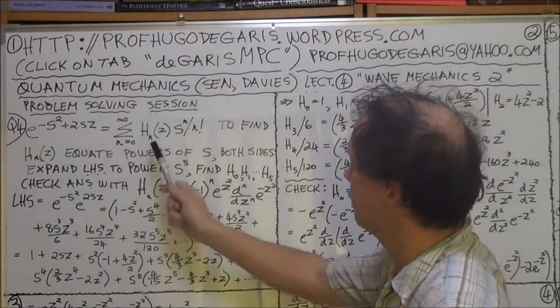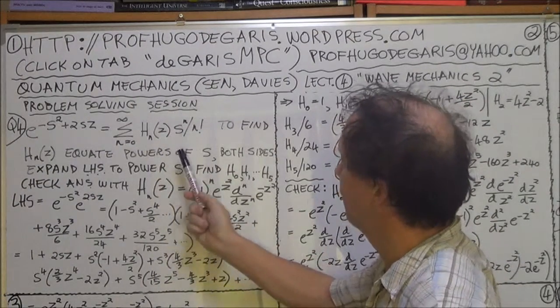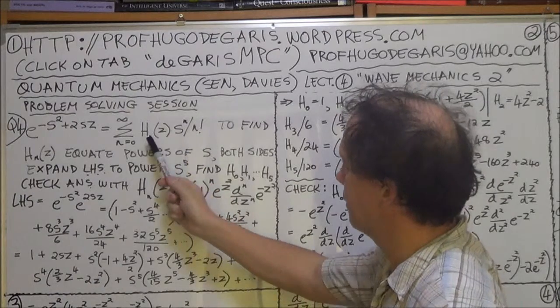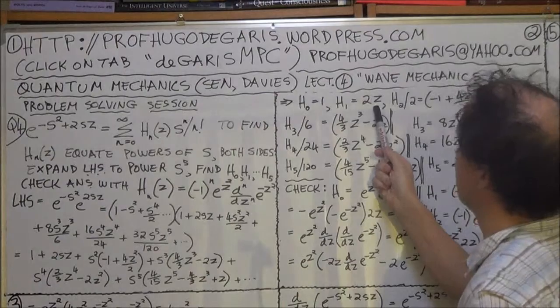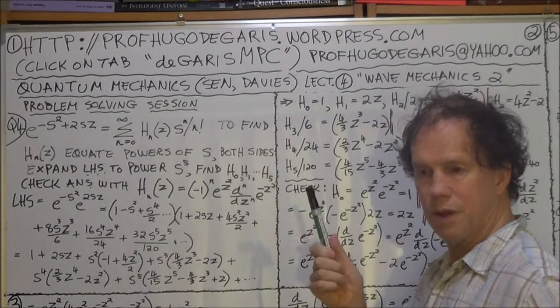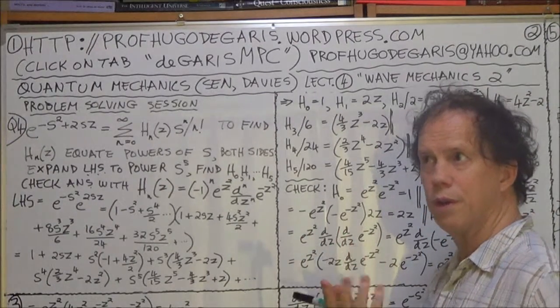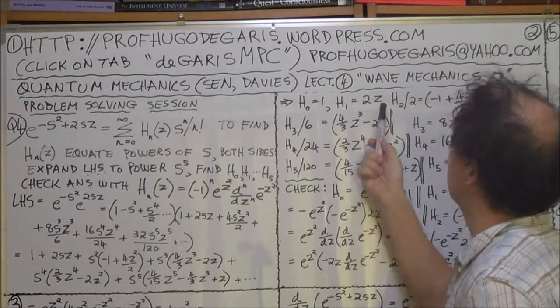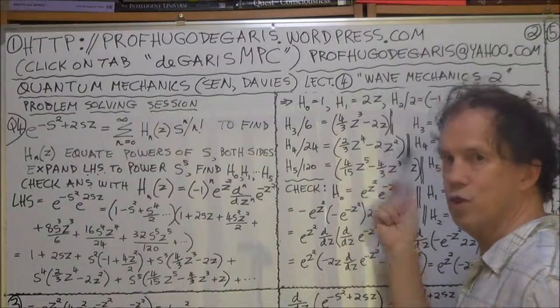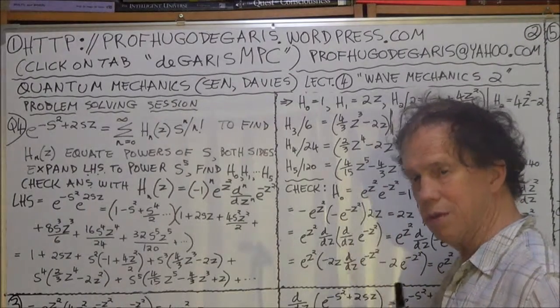For h1, if you look at these powers, h1 will just be 2z. Now in the textbook they list the first 4 Hermite polynomials, and the first 4 terms I found agree with the text.